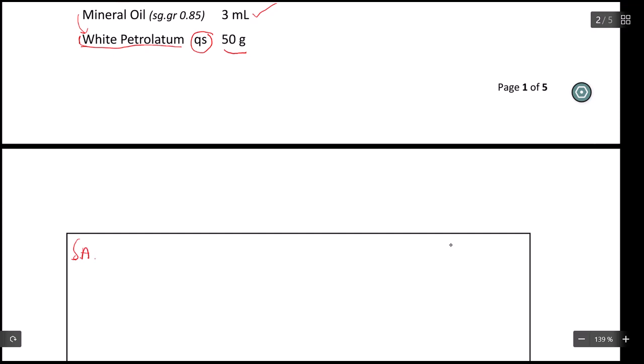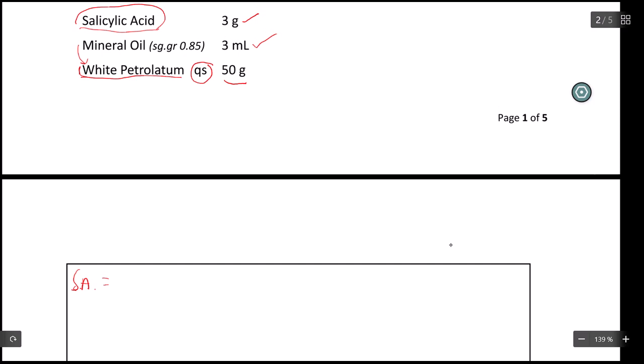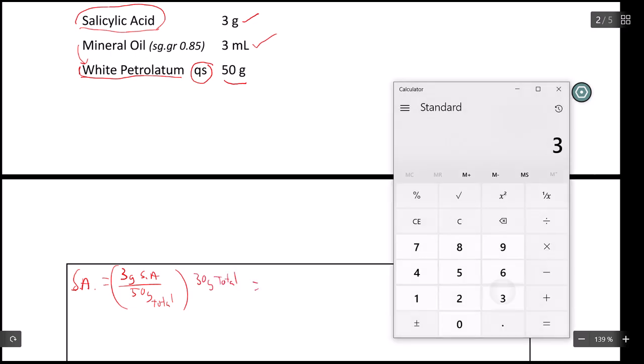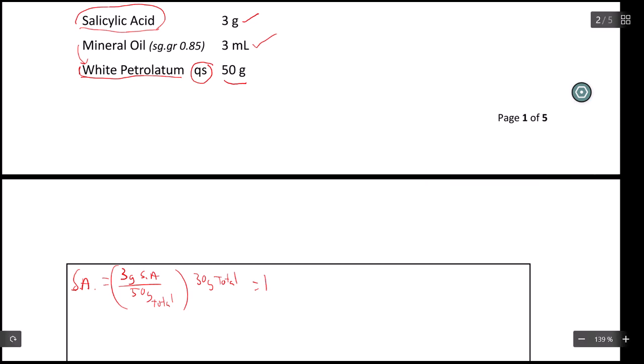This says that we have 3 grams of salicylic acid every time we make 50 grams total. In our case, we are making 30 grams total. That's what we want. If I take my 3 divided by 50 times my 30, I get 1.8. So this is 1.8 grams of salicylic acid. That's how much salicylic acid I need to weigh out.